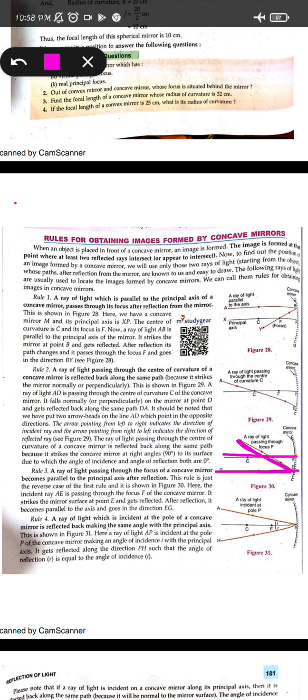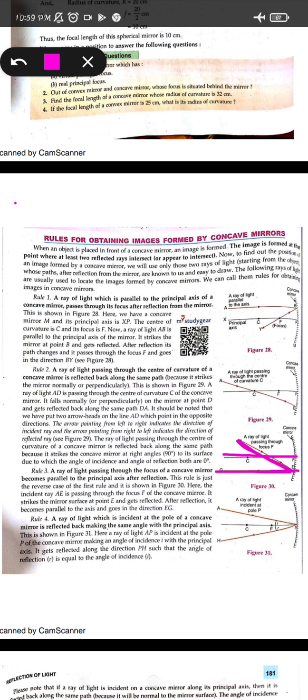So both are the same, but they are just reciprocal to each other: whenever the light ray passes parallel to the principal axis, then the light ray will pass through the focus point, and if the light ray passes through the focus point, then the reflected light ray will be parallel to the principal axis.